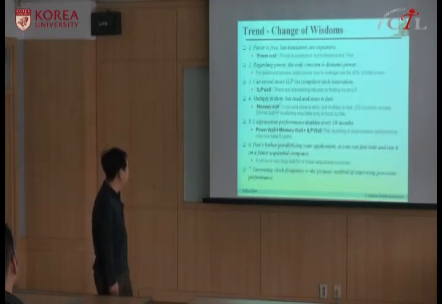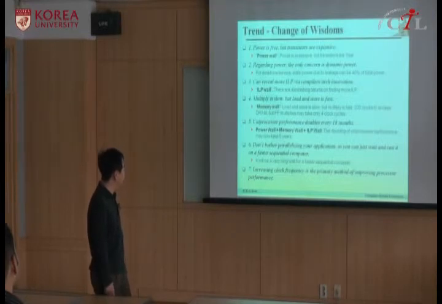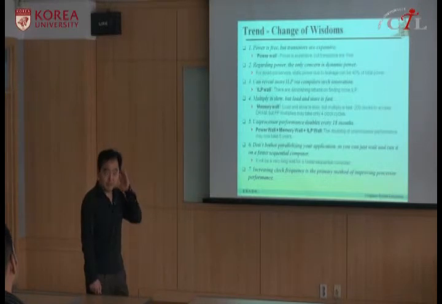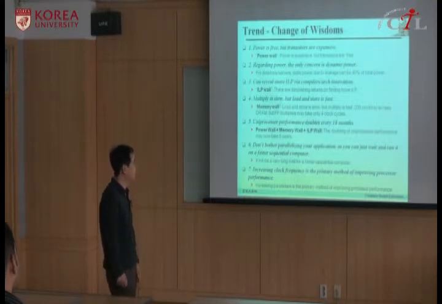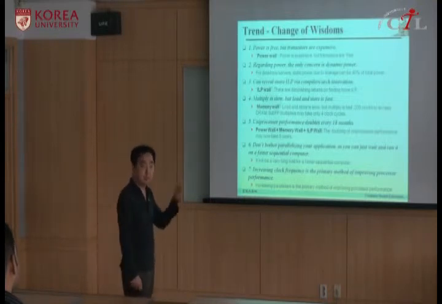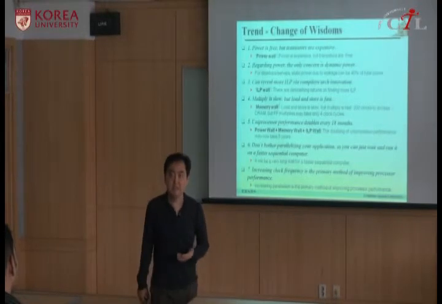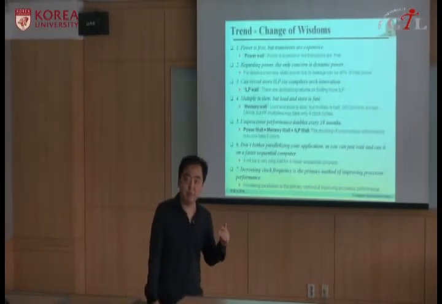People thought increasing clock frequency is the primary method of improving processor performance, so higher clock speed means higher performance. But increasing parallelism is now the primary method, because you cannot improve your clock speed because of the power wall.